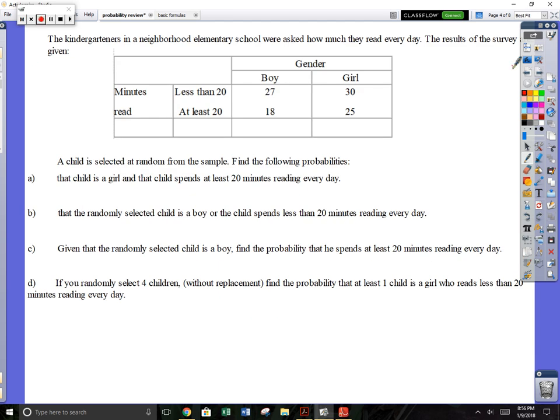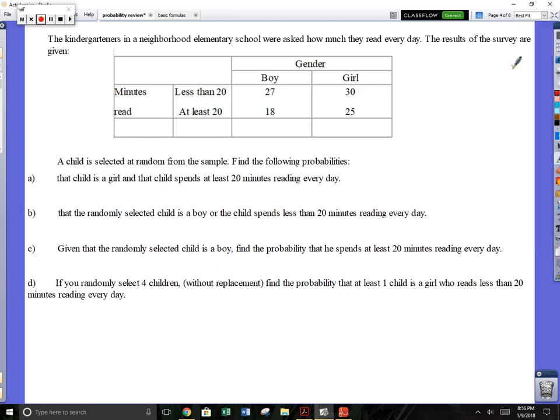Okay, last one from this section. We're given a two-way table. Kindergartners in a neighborhood elementary school were asked how much they read each day. Here are the results. They're broken down by gender, boy and girl, and grouped into kids that read less than 20 minutes and kids that read at least 20. Now first, here's what we've got to do. We've got to total them up. So 27 boys and 18 boys, there are 45 boys in the class. 30 girls and 25 girls, that's 55 girls in the class.